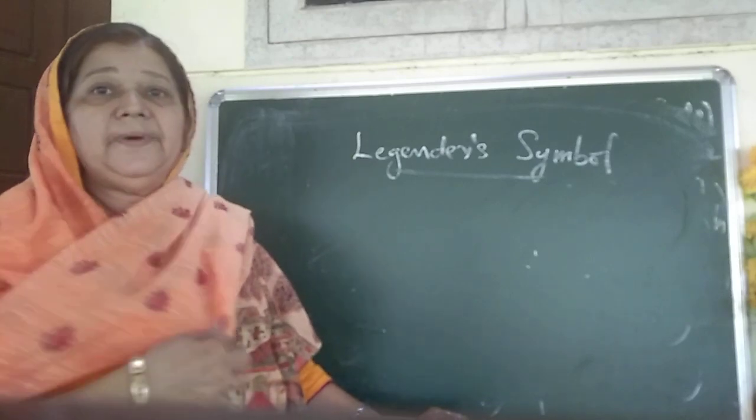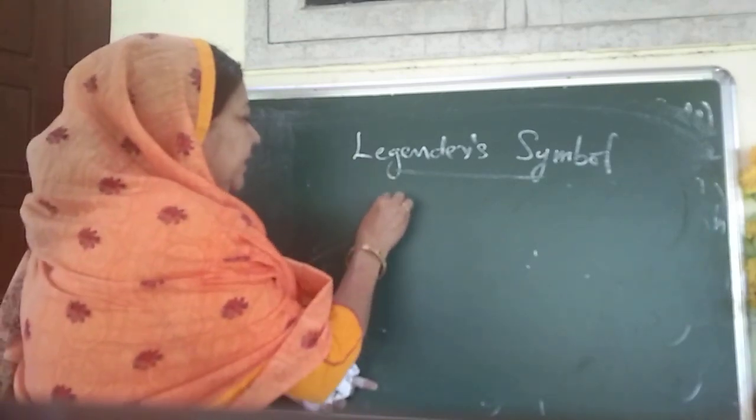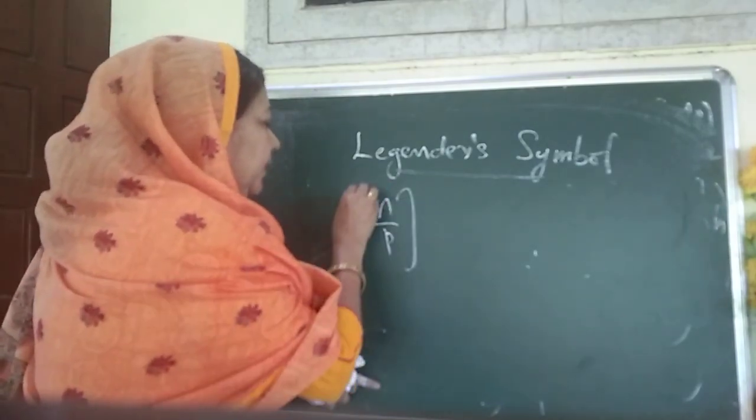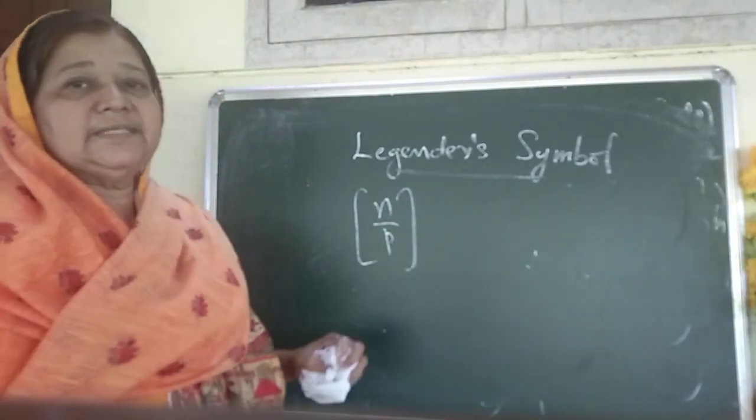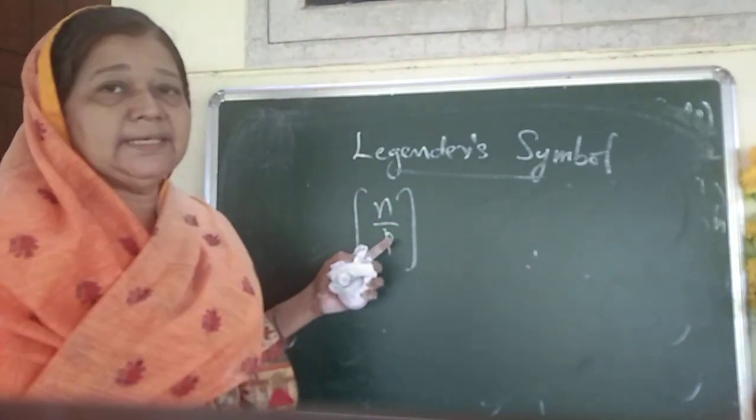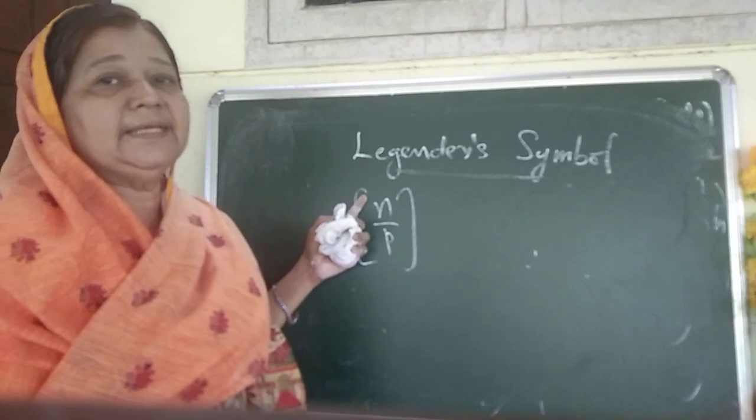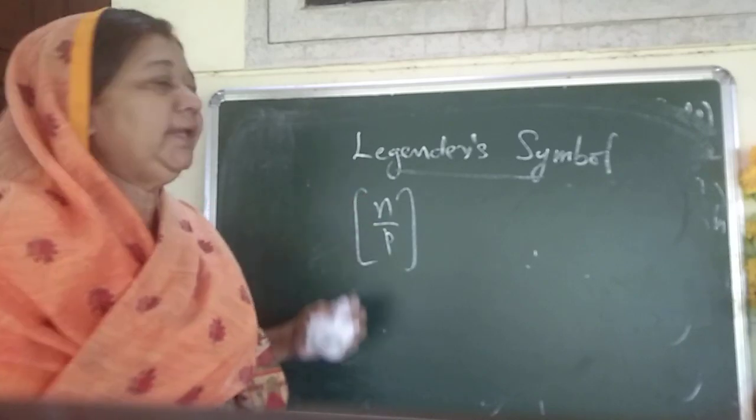A Legendre symbol is a number denoted by n by p, for which the conditions are satisfied that p is an odd prime and n is a number which is not a multiple of p.